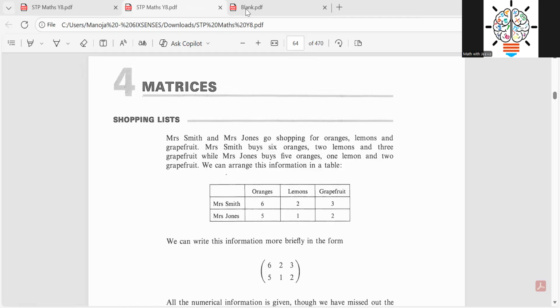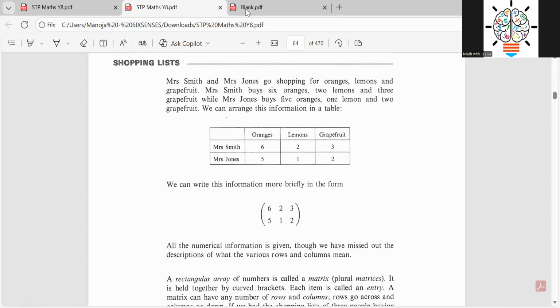Can you remember the definition I gave you? It should be a rectangular arrangement. Here I have the numbers of fruits of each type they have bought, and I organize them in rows and columns. Now you can see 6, 2, 3, and then 5, 1, 2.